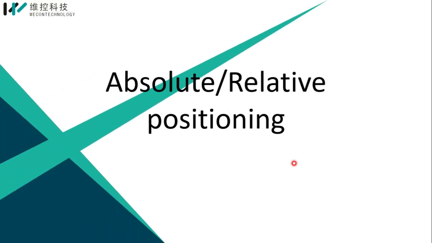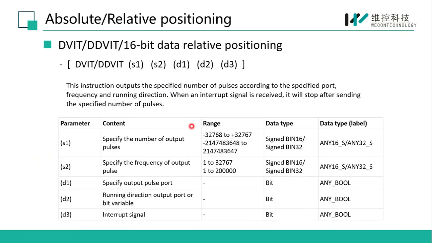Okay, let's move to the absolute and the relative positioning. The first is about the DVIT and DDVIT instructions. This instruction will output a specific number of pulses when the interrupt signal is received, and then it will stop.